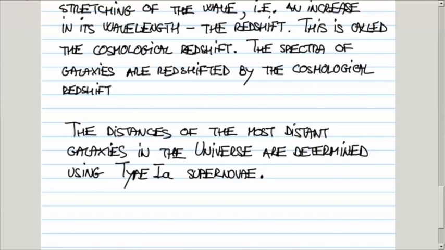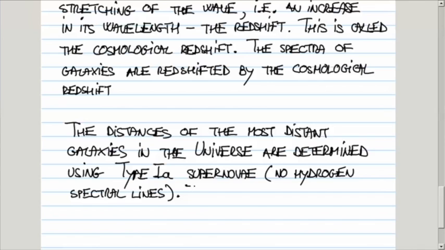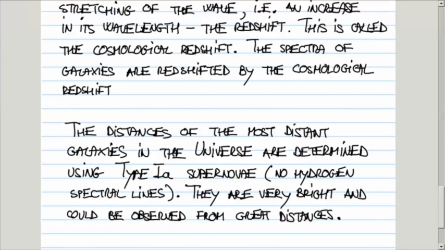I would like to remind you that we can distinguish between type 1A supernovae and other types from the fact that they contain no hydrogen spectral lines. So as I said, they are very bright and could be observed from great distances. But more importantly, their luminosity is always the same.